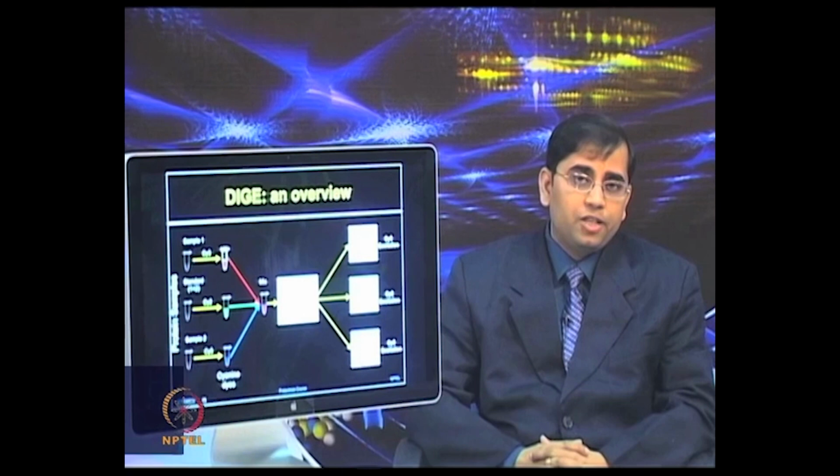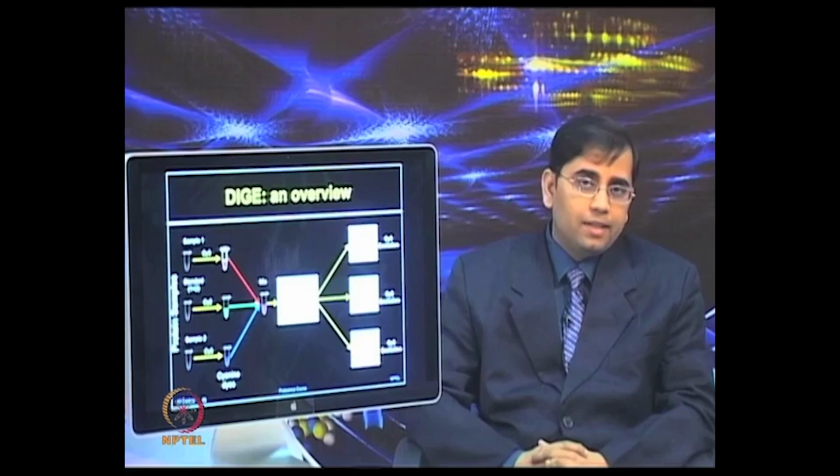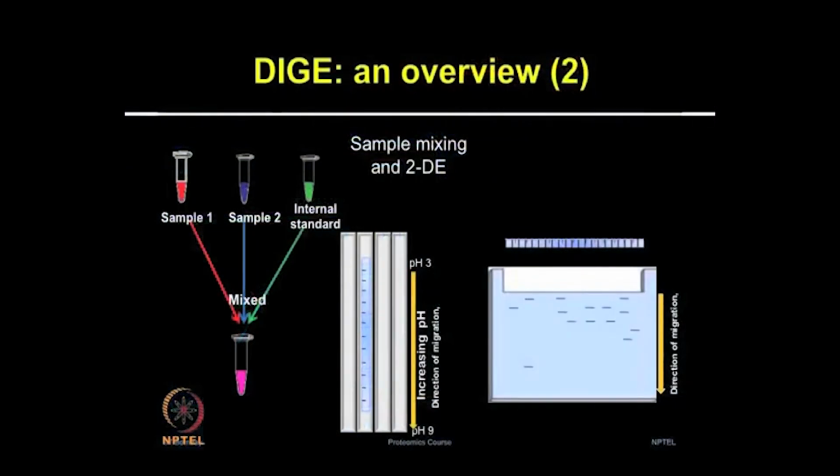All this protein mixture is separated in the first dimension on the same strip, and then the same gel can be scanned with the 3 different wavelengths to obtain the images for Cy2, Cy3 and Cy5.